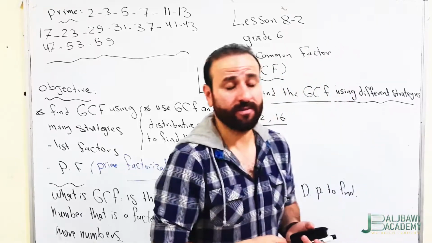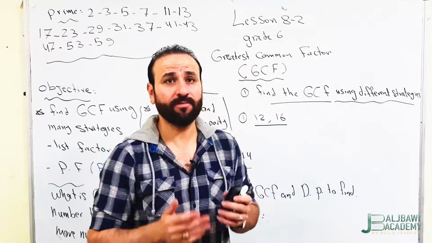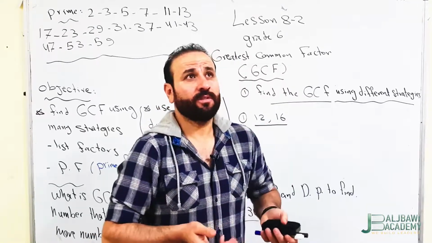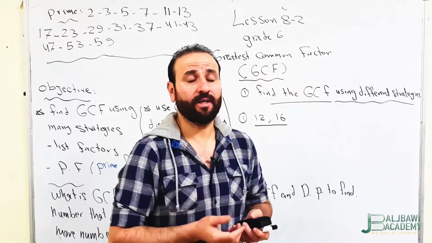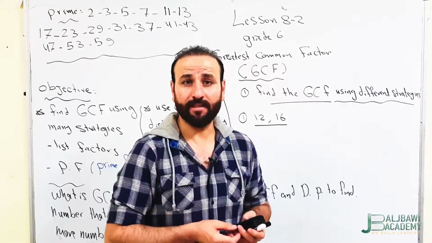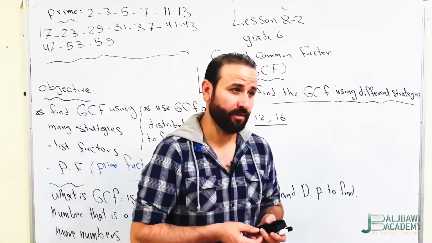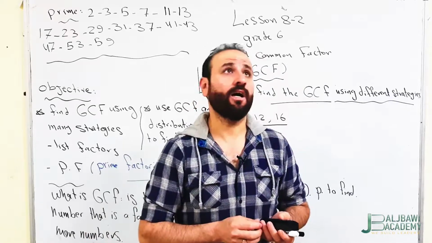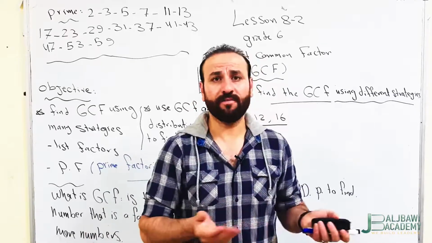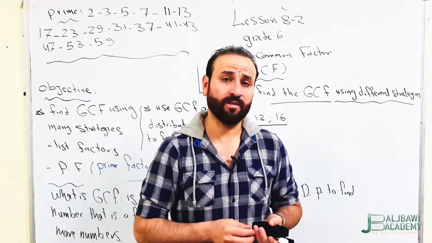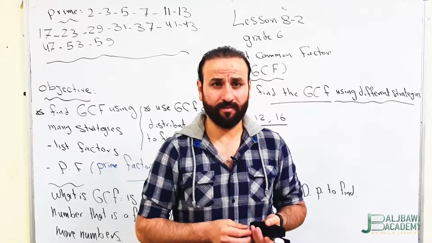Here we have some examples. We can find this mentally. Sometimes if the numbers are easy, we can ask what is the greatest common factor of, let me say, 10 and 15. I can think about the factors of 10 as 1, 2, 5, 10. And the factors of 15 as 1, 3, 5, and 15.